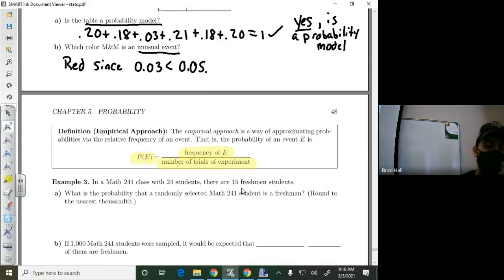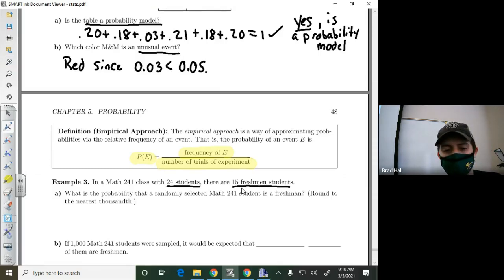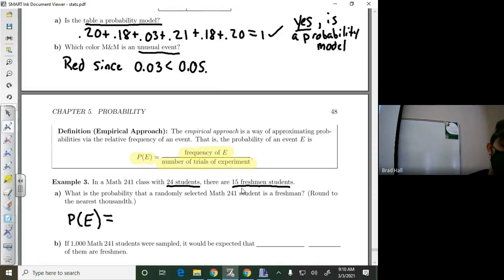So if we look at a Math 241 class with 24 students and 15 of you all are freshmen, what's the probability that a randomly selected Math 241 student is a freshman? Well, the probability for that event is equal to the 15 freshmen, because that's the event, divided by the 24 total students.